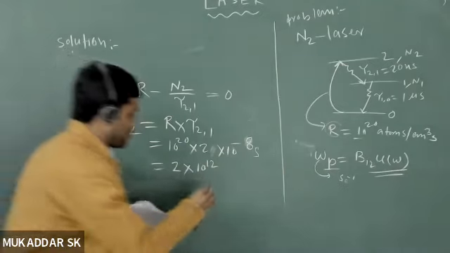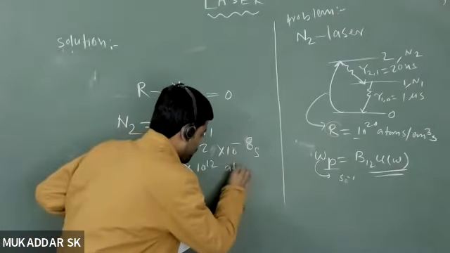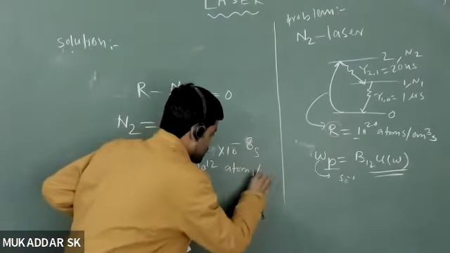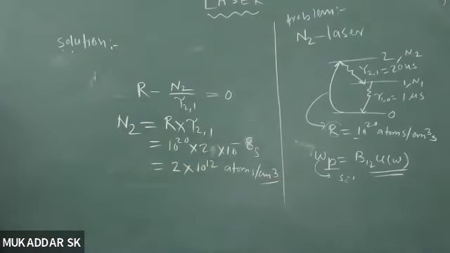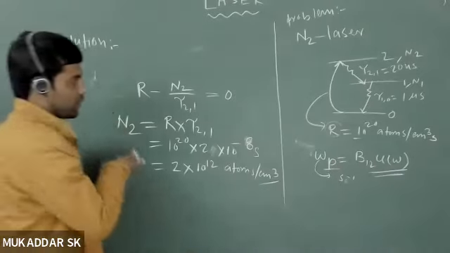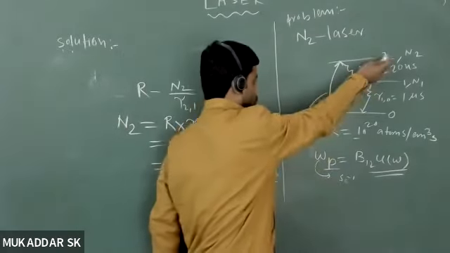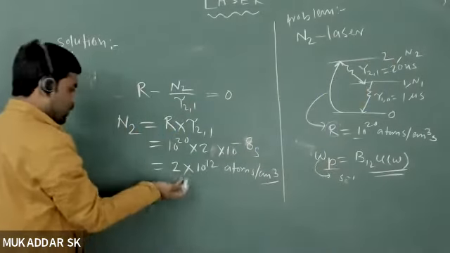And that dimension will be atoms per centimeter cube. So this will be the population density of level 2 at thermal equilibrium.